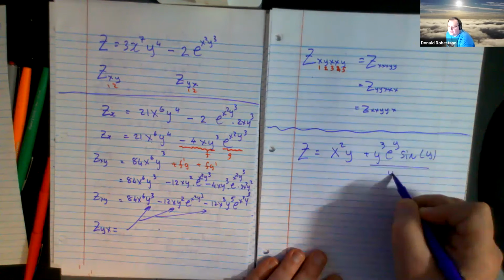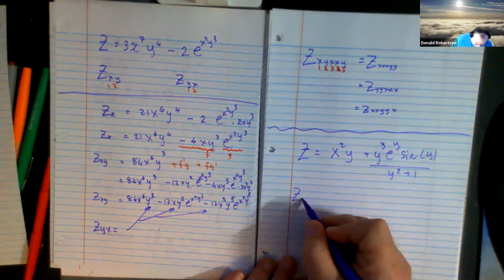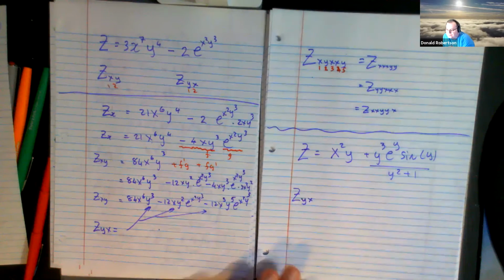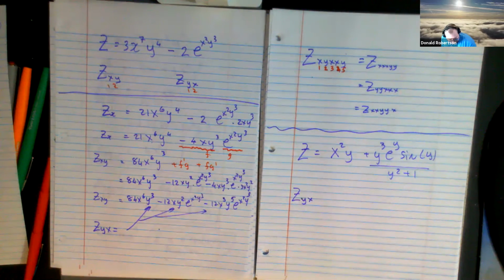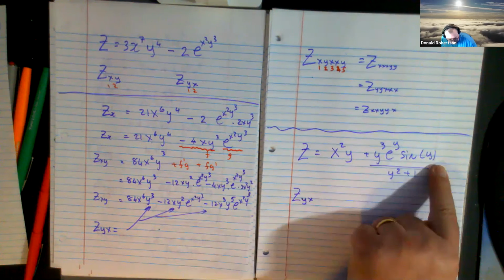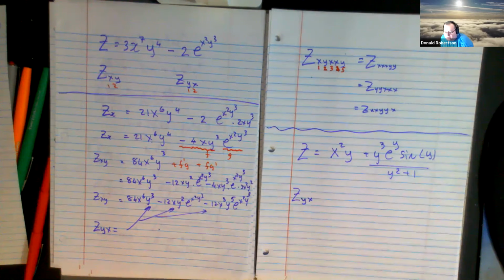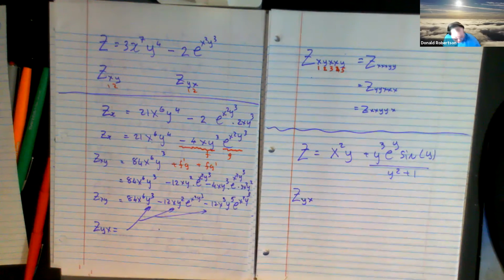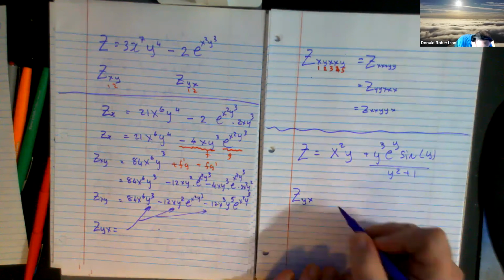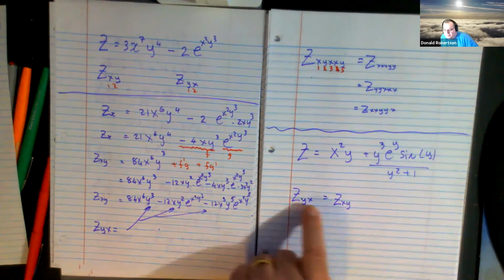Suppose I had that function and I wanted to find that second derivative. If I try to do this with respect to y first, can you see that I am going to be spending a heck of a lot of time trying to figure out that guy? But since I know Clairaut's theorem, I can say, well, if you want that answer, I might as well just do this one.